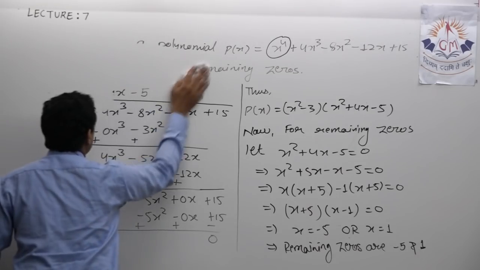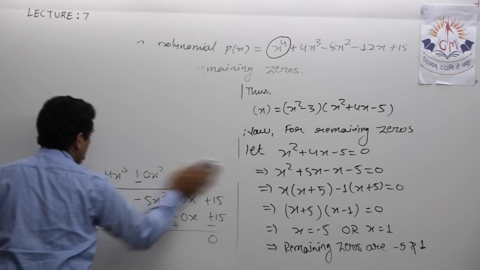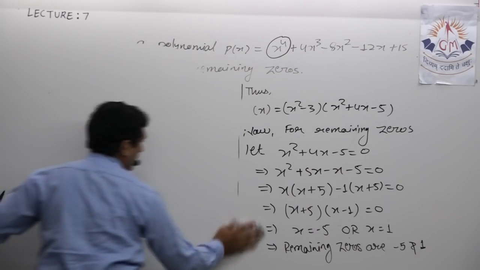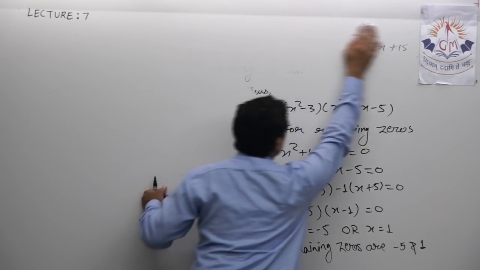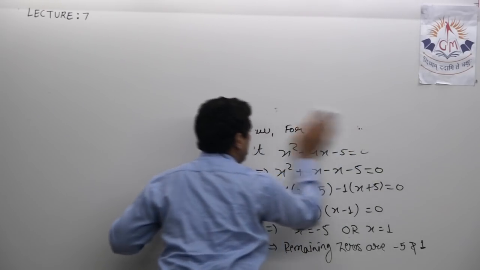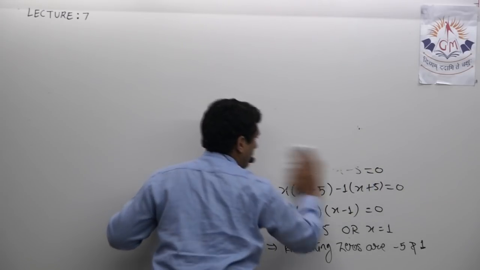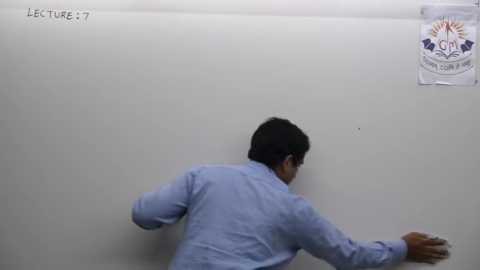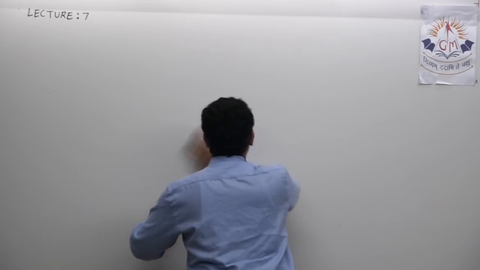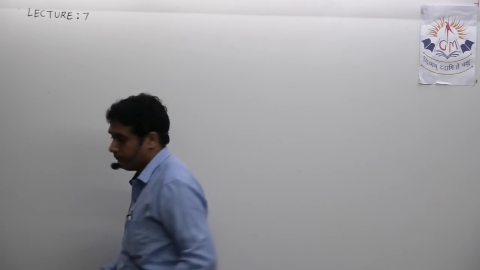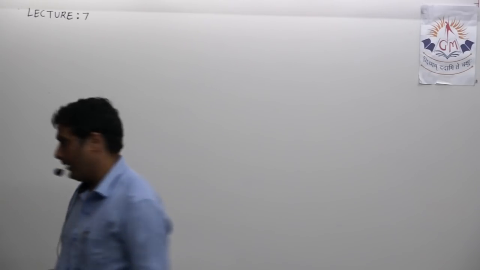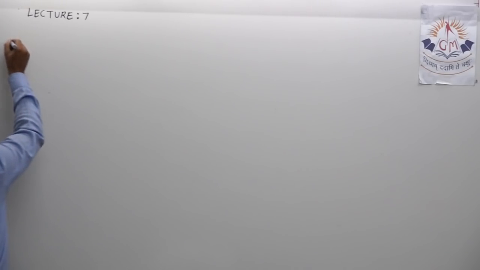Okay, we'll see one more question of a similar type. Next question: again two zeros are given, but in a different way.